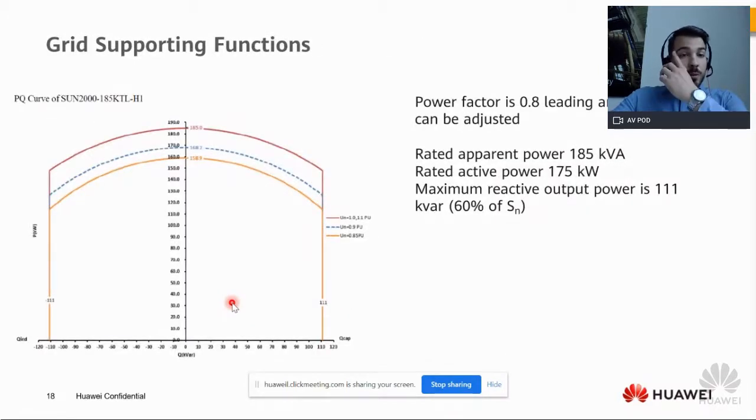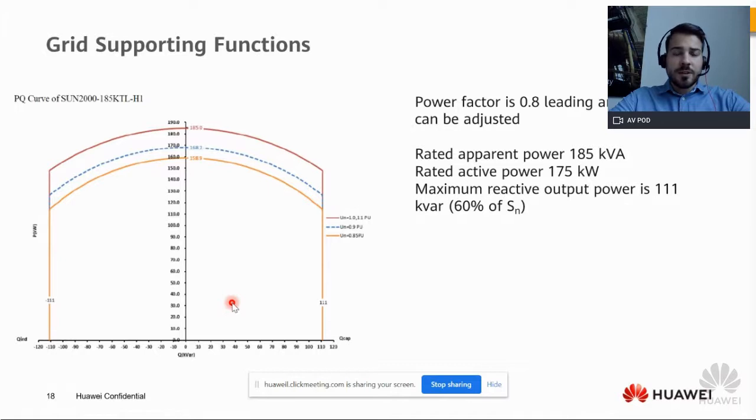So as I mentioned, one of the key aspects of the inverters is to have a kind of grid support. The inverter has the ability to support reactive power to the system in case there are some faults or disturbances on the voltage. The rated apparent power is 185 kilowatt, although the rated active power is 175 kilowatt, but it can also do 185 kilowatt at cosine phi 1, so it is able to operate at that high power level.